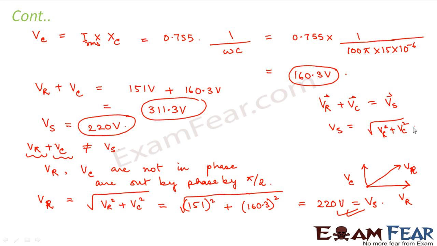Okay, so now that we have solved a couple of problems on AC circuits, I hope that your concepts are clearer and better now as far as AC circuits are concerned.